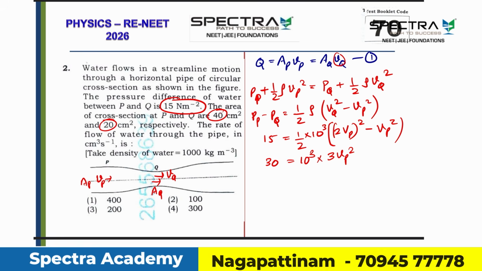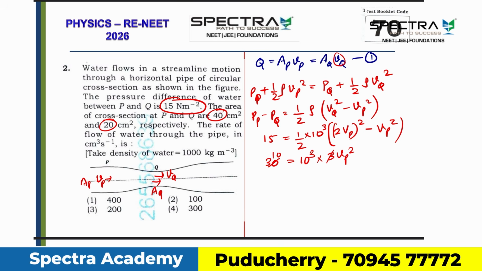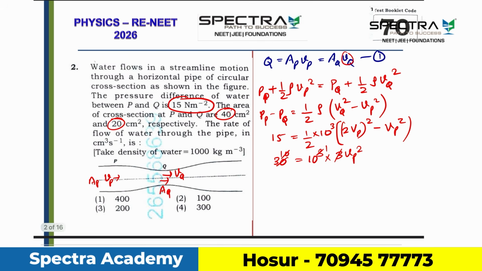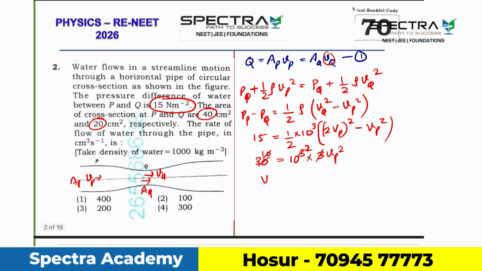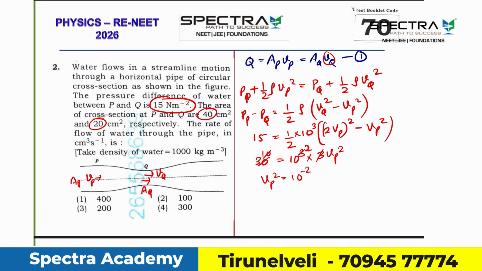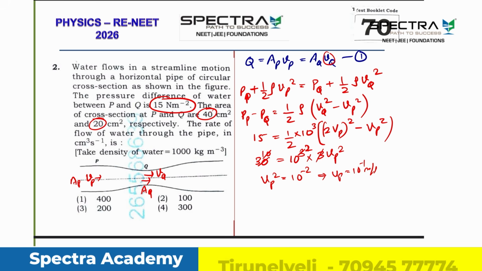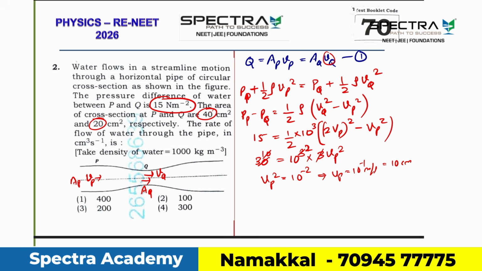So you can cancel 3 and 30, and this gives 10 power minus 2. So VP square is equal to 10 power minus 2, which gives VP is equal to 10 power minus 1 meter per second, which is equal to 10 centimeter per second.